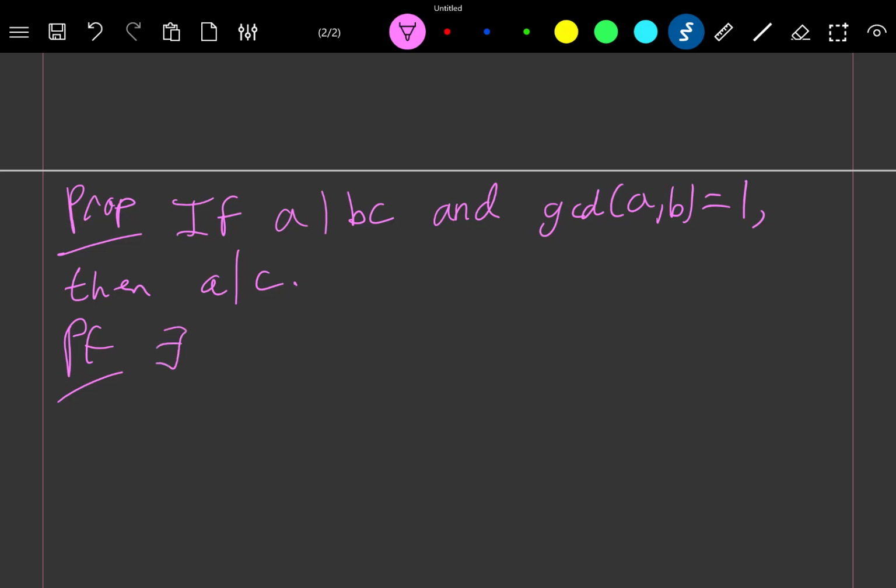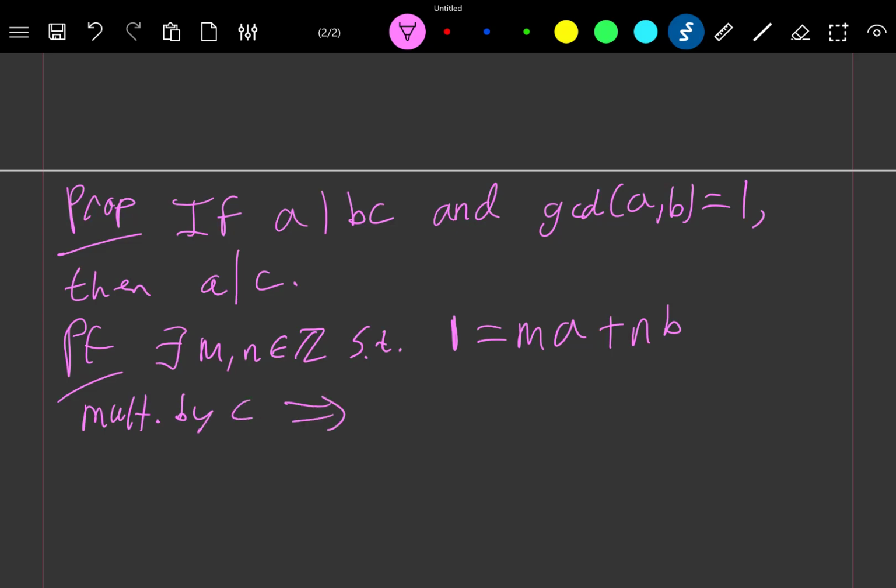This tells us that there exist integers m and n such that 1 is equal to m times A plus n times B. Now, we know that A divides BC. So let's multiply everything by C. So this gives us that C is equal to MAC plus NBC.